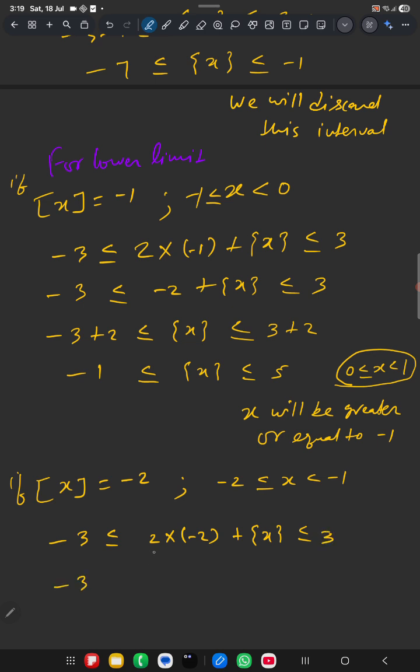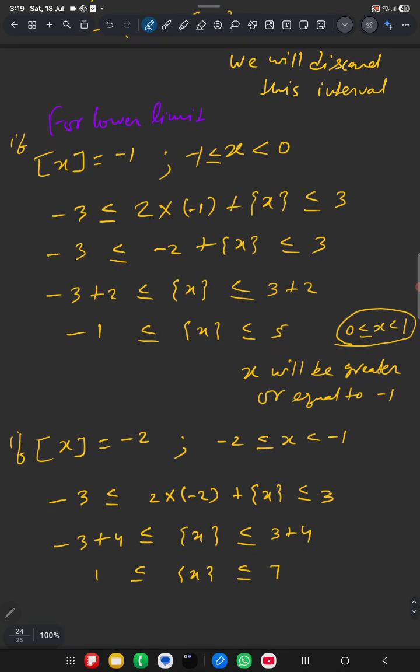So minus 3 plus 4, I am doing it directly, so 3 plus 4, this is 1, this is fractional part of x, and this is 7. So this time you are able to see that your interval 0 to 1 is not contained in this.